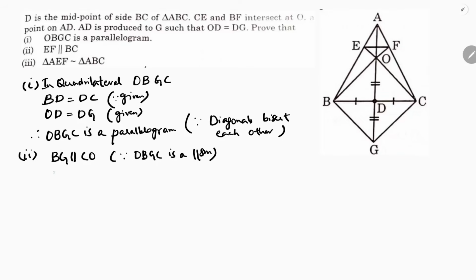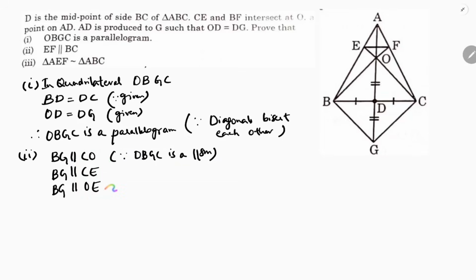Now second part, BG is parallel to CE also, we can write, because it's the same continued line. And I can write BG is parallel to OE, because I need OE, because all three are the same part of a line.